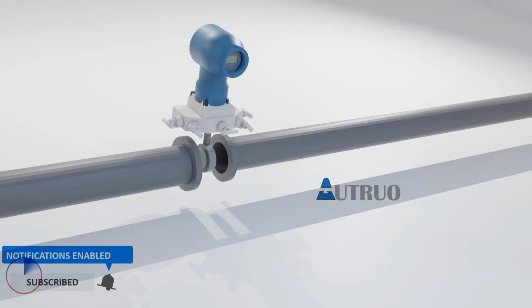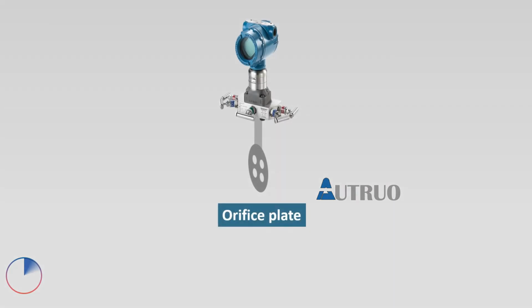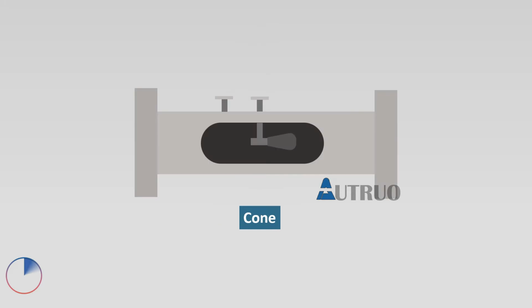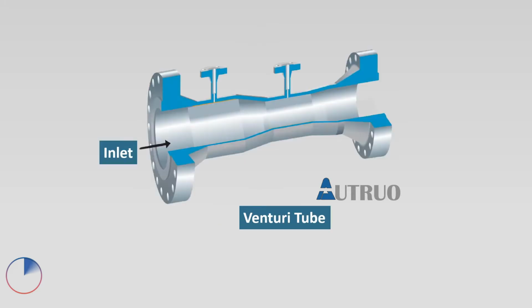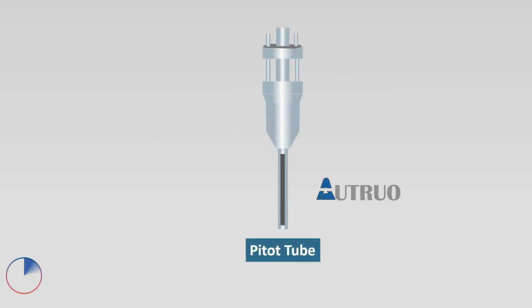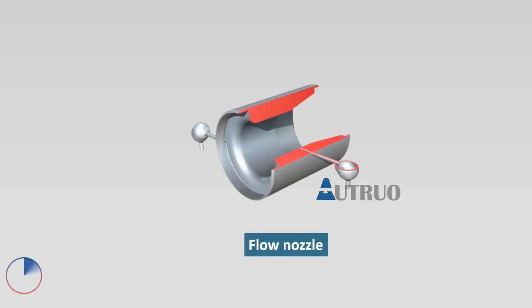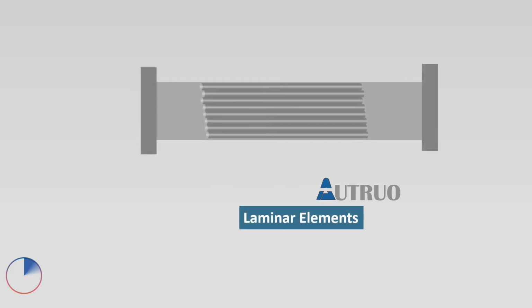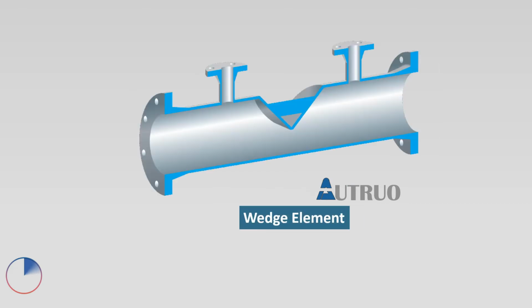The primary elements come in different forms, which include orifice plates, cone, venturi tube, pitot tube, flow nozzle, laminar flow elements, and wedge elements.